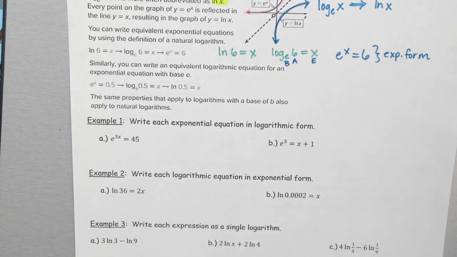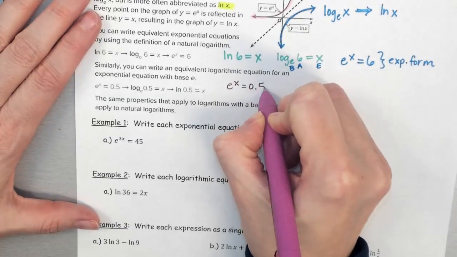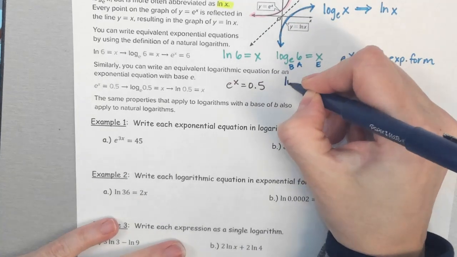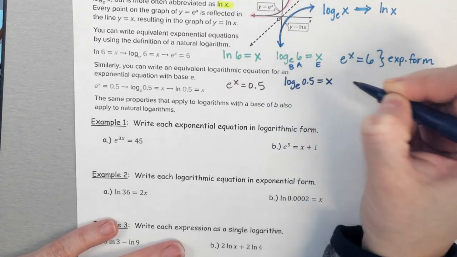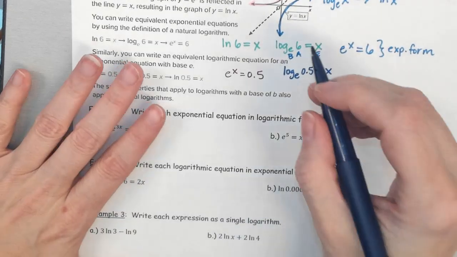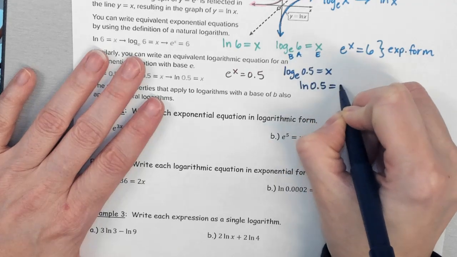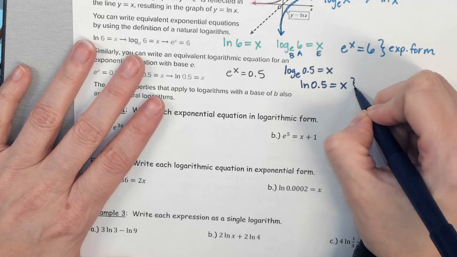If they give you e to the x equals 0.5, then we can write that as log base e of 0.5 is equal to x, and we write that as the natural log of 0.5 equals x. This is your log form.